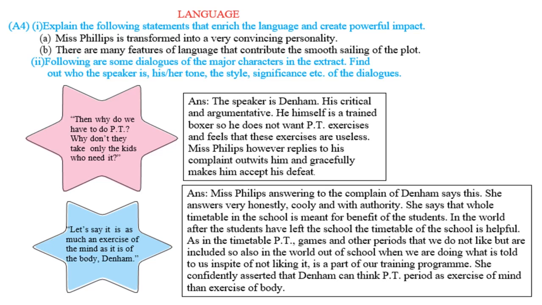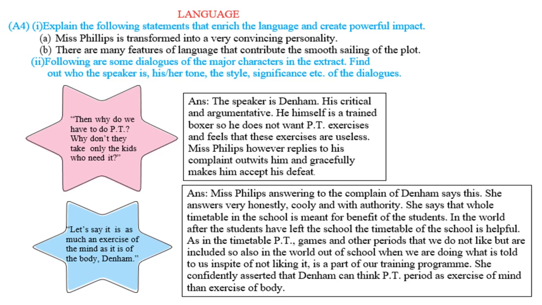So the language that she has used, you have to mention that. There are many features of the language that contribute to the smooth sailing of the plot. Means how the story is narrated one by one, the things are brought forward. So you can mention what is the flow of the language, and in this way you can explain this point.